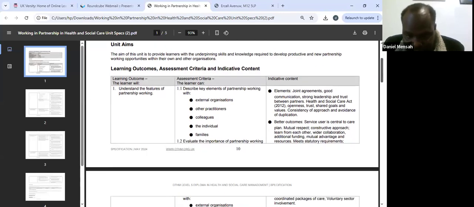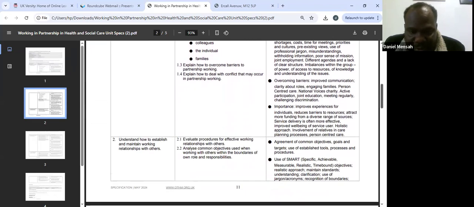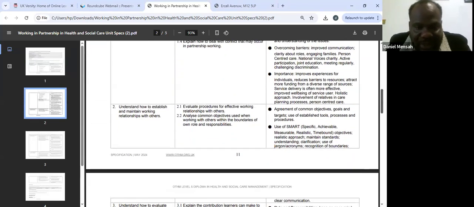Unit 2. We had a wonderful time yesterday with Unit 1. In Unit 2, we are going to look into how learners need to understand how to establish and maintain a working relationship with others.